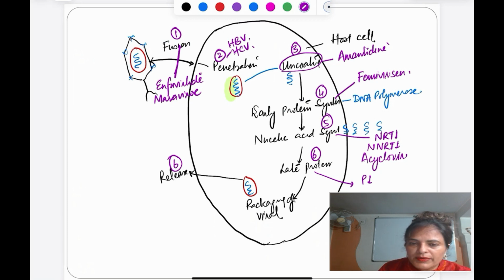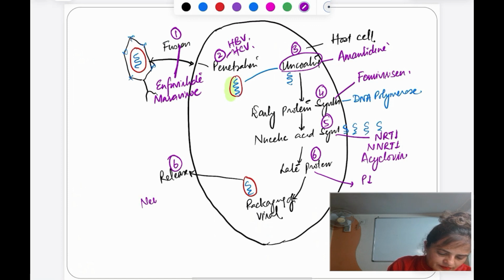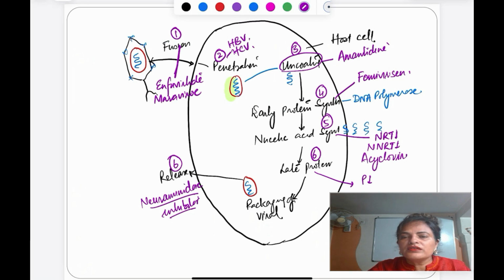They are going to inhibit the release of the virus. So this is how the different antiviral drugs act at different steps of viral replication.